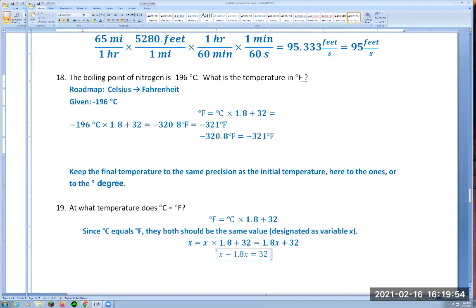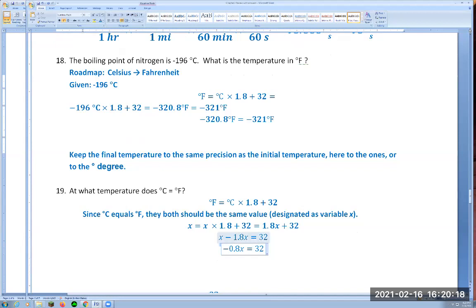And then on the right side, the 1.8x will be cancelled by the negative 1.8x. Now we need to add the 1x plus the negative 1.8x, and 1 minus 1.8 is going to be negative 0.8. So that's what it looks like now. And now we need to solve for x. To get x by itself, you will do 32 divided by negative 0.8.